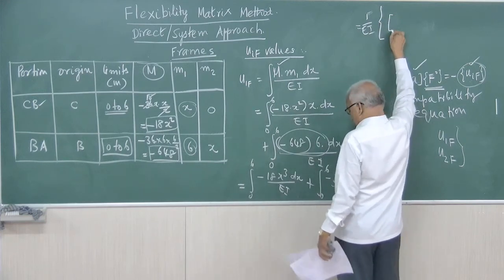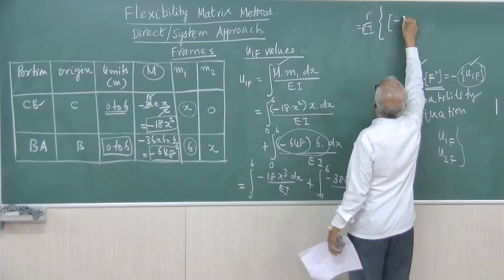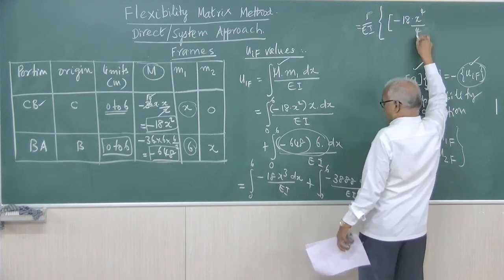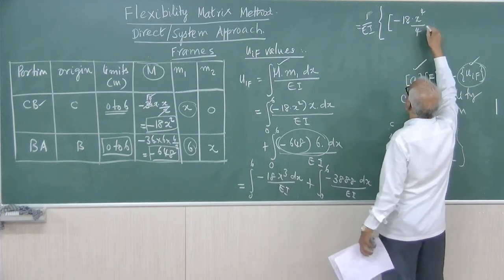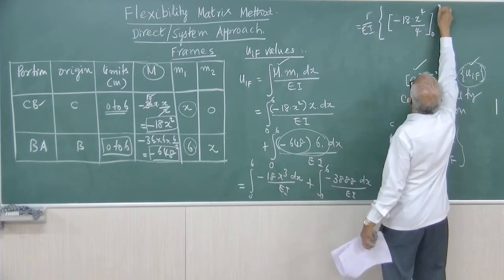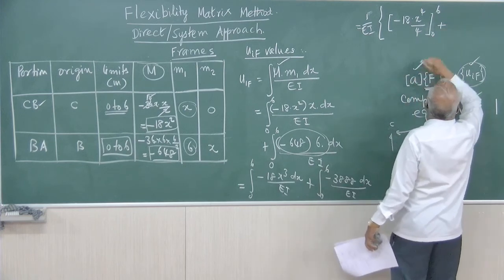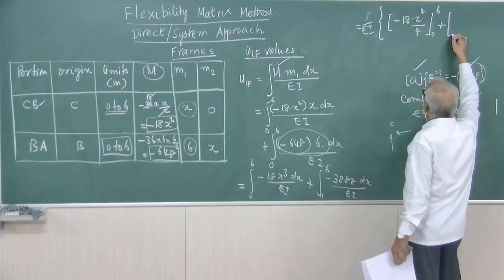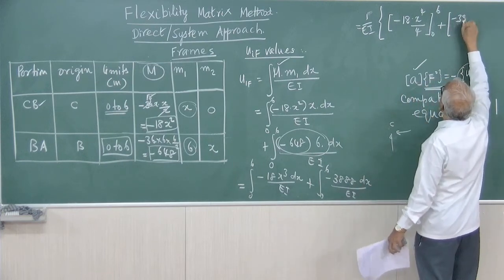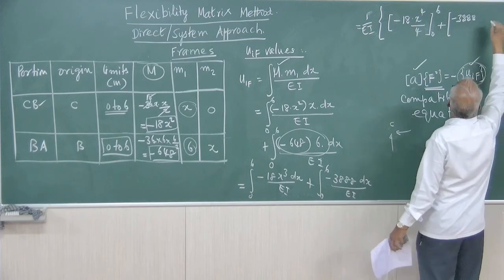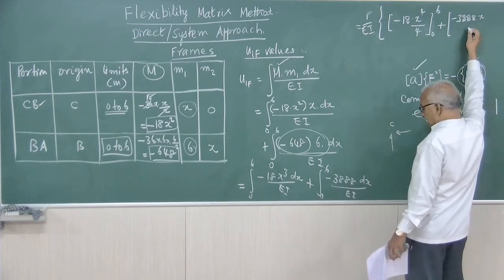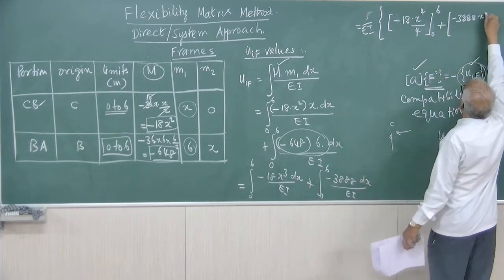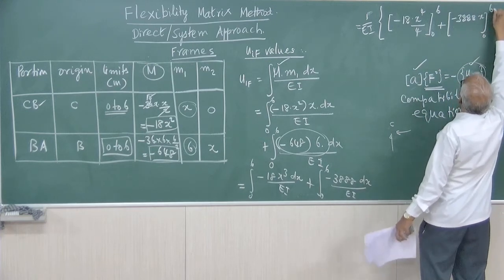First one is minus 18 x to the power 4 by 4, limits 0 to 6, plus for the second term minus 3888 into x on integration, limits 0 to 6 meters.